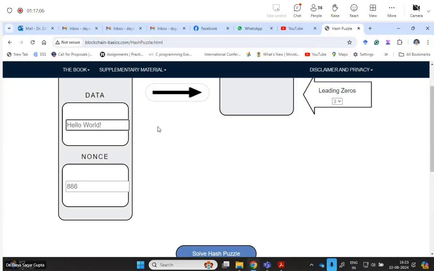Sorry, again we will run this algorithm. 1 leading 0, nonce is 3. 2 leading 0s, nonce is 52, 57. 3 leading 0s, nonce is 614. What is happening? This is a brute force attack. My algorithm is running 64 times.